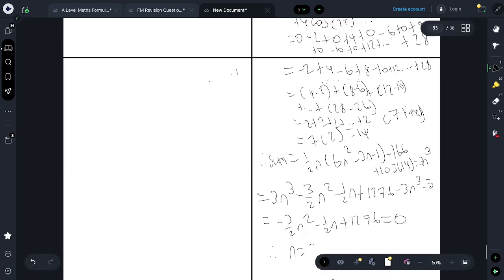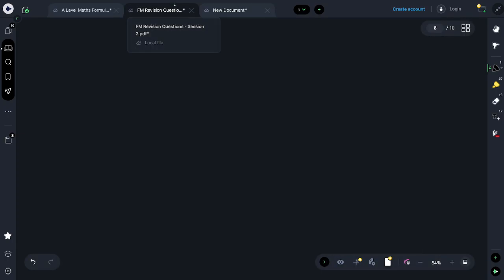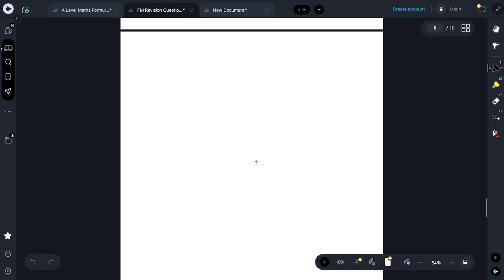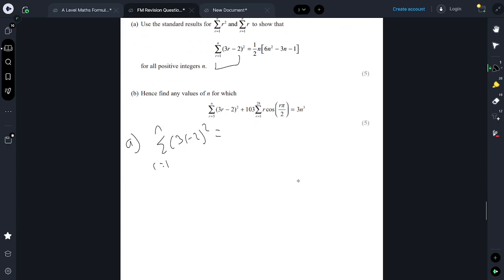And lovely, you get n is 29, or n is minus 29.33. n is positive, obviously, and an integer. So n is 29. Is that the solution I wanted, to find the value of n? It is, yeah. There we are. So that's how you approach that question.